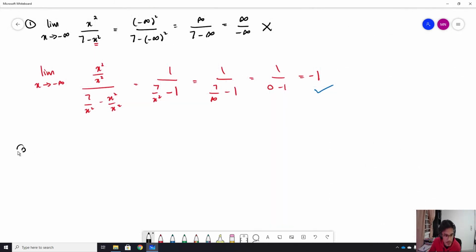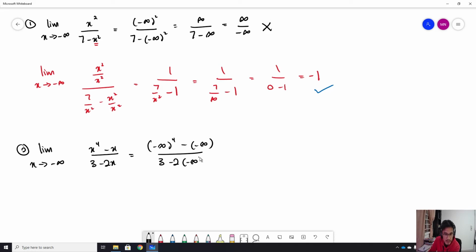Okay, contoh yang kedua, we have limit x approaching negative infinity of function x power of 4 minus x over 3 minus 2x. So kalau kita substitute directly negative infinity power of 4 minus negative infinity over 3 minus 2 negative infinity. So kita akan ada infinity plus infinity over 3 plus infinity. So kita ada infinity over infinity. So this is not acceptable.